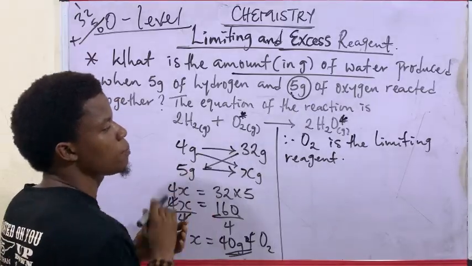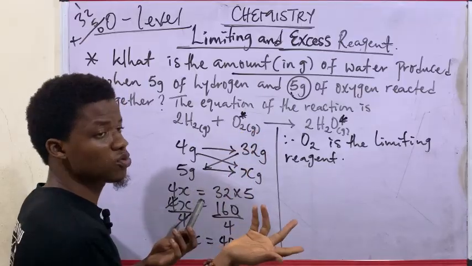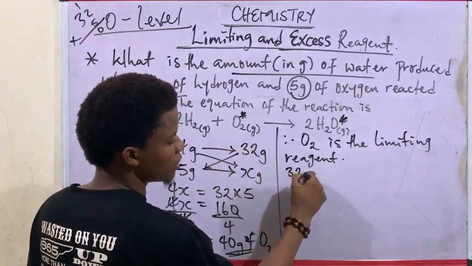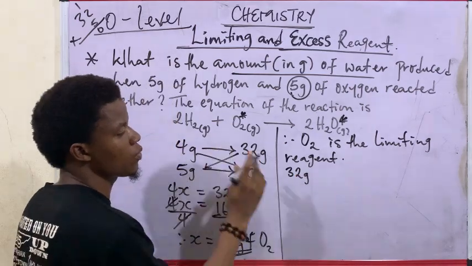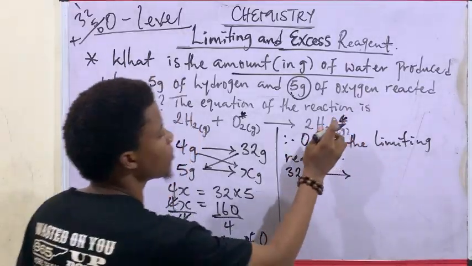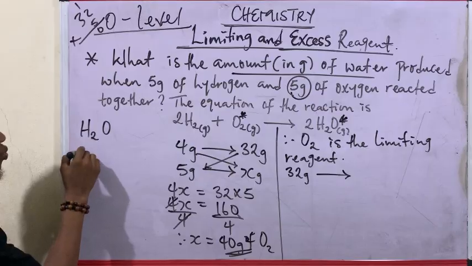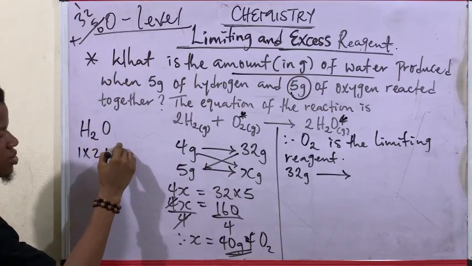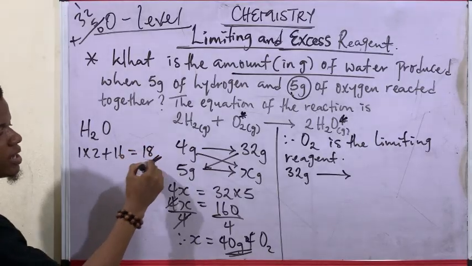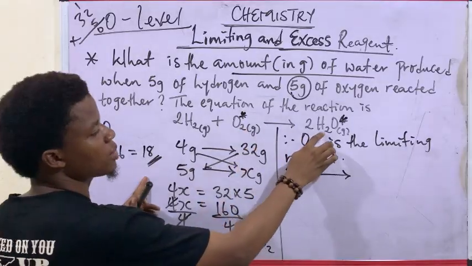So now from the balanced equation, we know that 1 mole of oxygen is 32 gram in mass. So 32 gram of oxygen we produce. Now, what is the molecular mass of water? Water is H2O. Hydrogen is 1, so 1 times 2 plus 16. 1 times 2 is 2. 2 plus 16 gives us 18. So the molecular mass of water is 18.